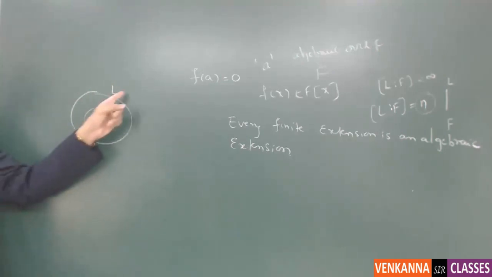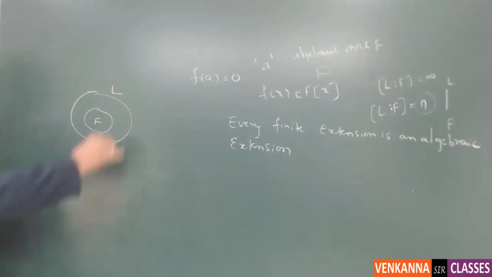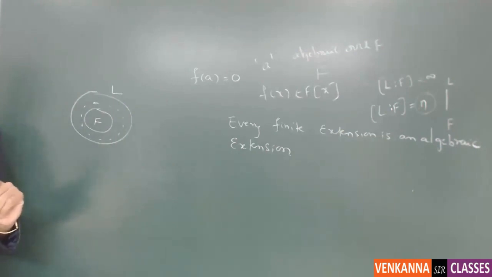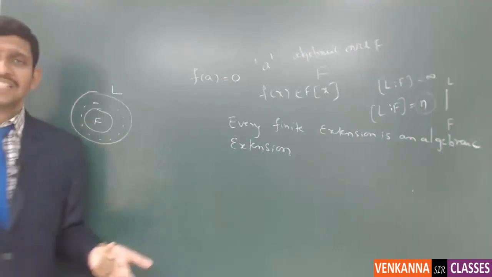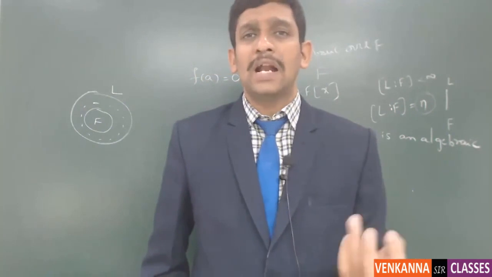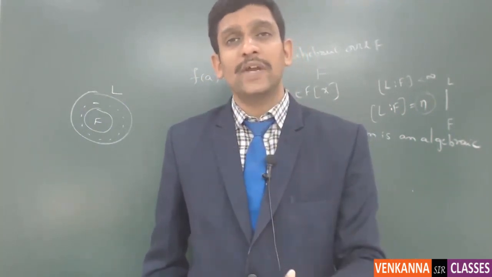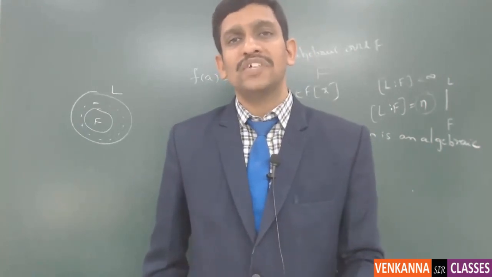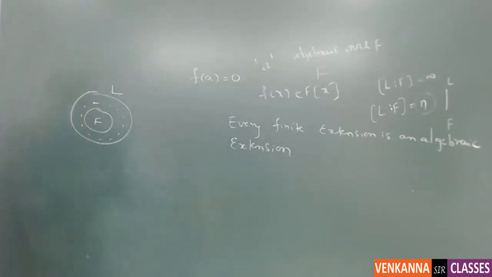If I say that this extension is an algebraic extension, it means that whatever element of L you consider, each element is algebraic over F. If I say that L contains 100 elements, each of the 100 elements is algebraic over F. That means each element satisfies a polynomial whose coefficients are taken over F. Okay? This is the definition of algebraic extension.